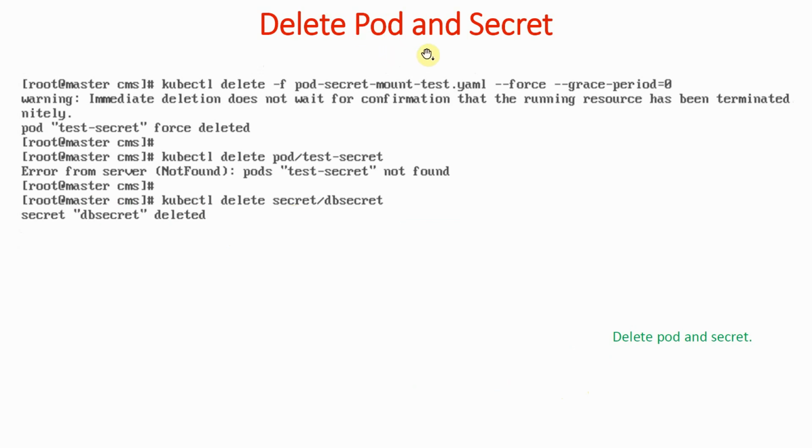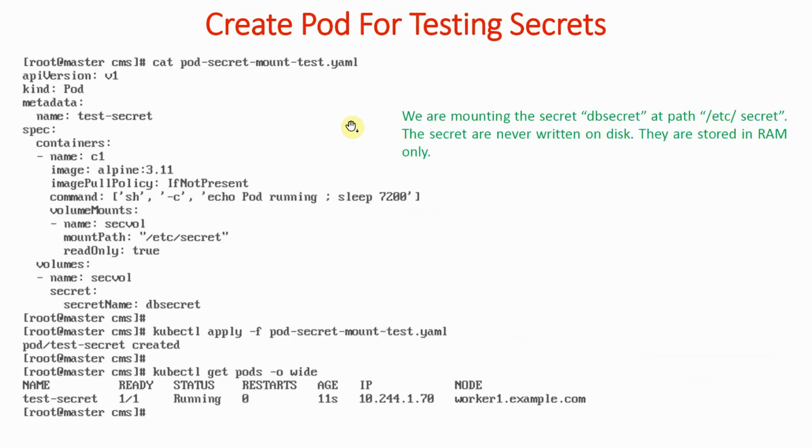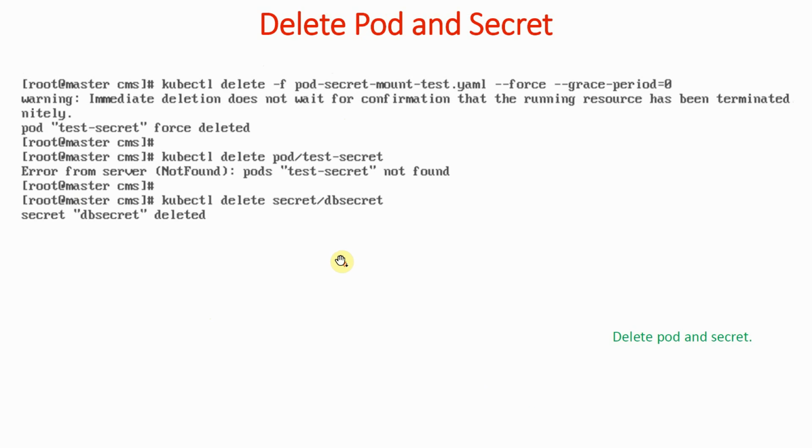Now we are going to delete the pod and secret. So what is the command for deleting? kubectl delete -f with the name of that file, and --force --grace-period=0, that means we immediately want to delete that pod. It should not wait. Or we could have written terminationGracePeriodSeconds equal to 0, then there is no need to write it here.